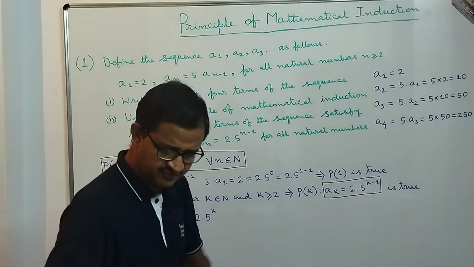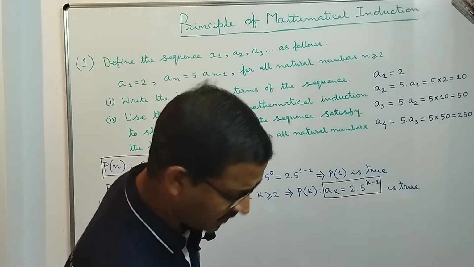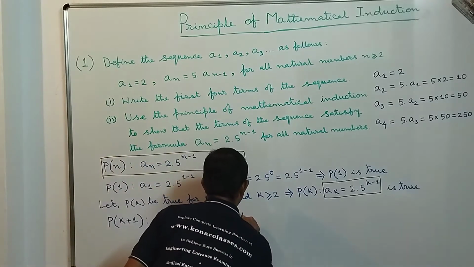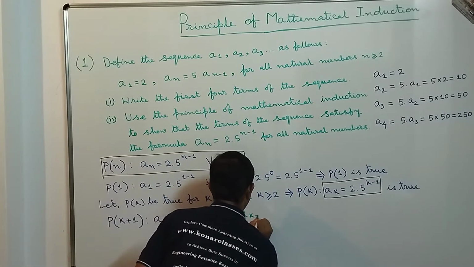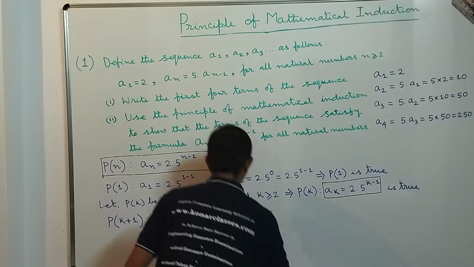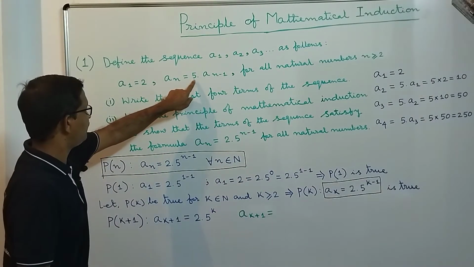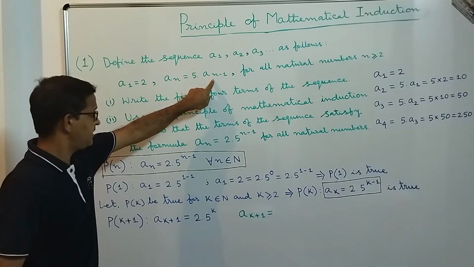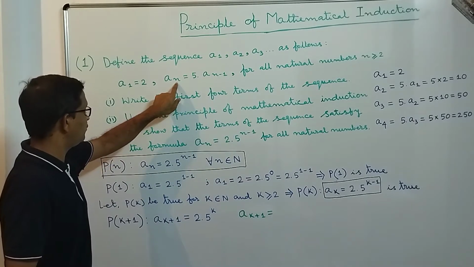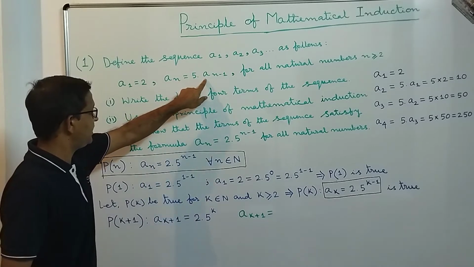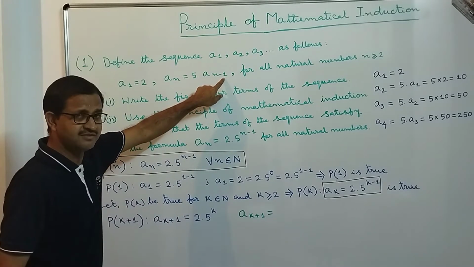Okay, let me use a different color pen. What is ak+1? According to the definition, ak+1 is equal to 5 into ak. Instead of n, we are writing k+1. So ak+1 should be 5 into a(k+1-1), that is ak.